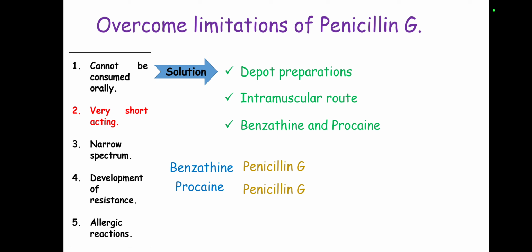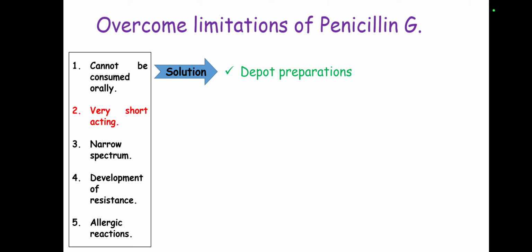Now the meaning of this depot preparation is, suppose we give nearly 1000 molecules of benzathine penicillin G by intramuscular route. The penicillin G has come here in the muscle, but it will be deposited in the muscle.